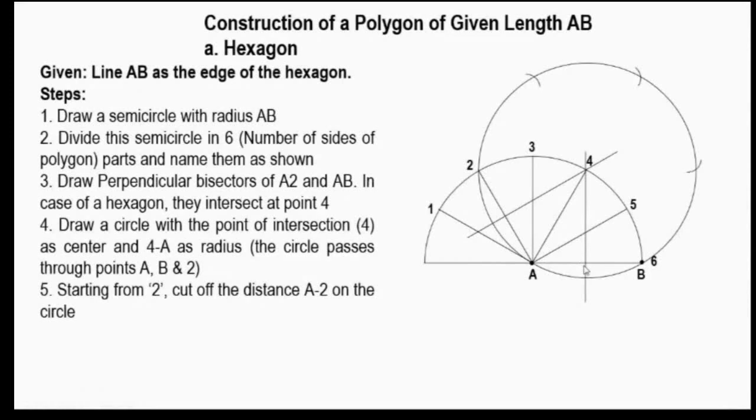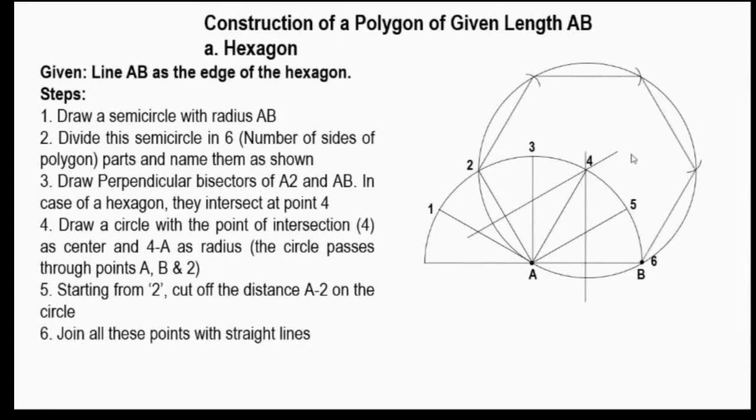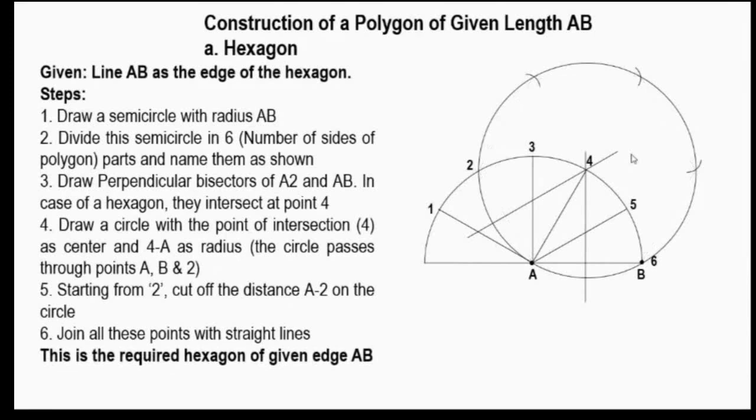We will have to draw 3 arcs because we already have 3 points: point A, point B, and point 2. So we draw 3 more arcs on the circle and then starting from point 2, join all these points. This is the required hexagon of the given edge.